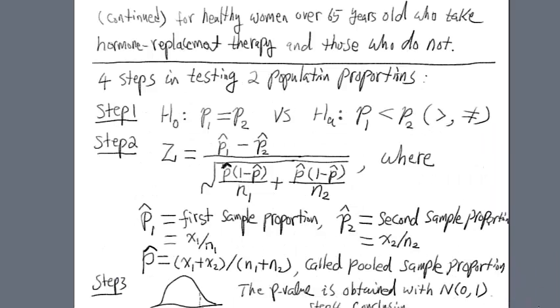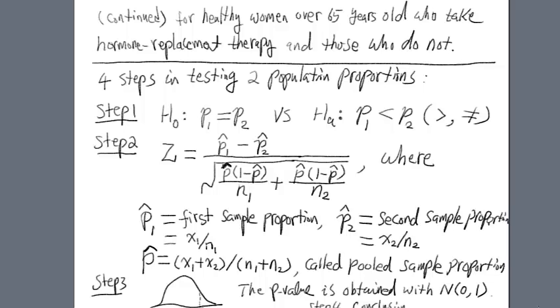Okay, the test procedure has 4 steps. Here we talk about a general procedure. Then we will talk about the example particularly. Step 1 is to set up a null hypothesis and alternative hypothesis.